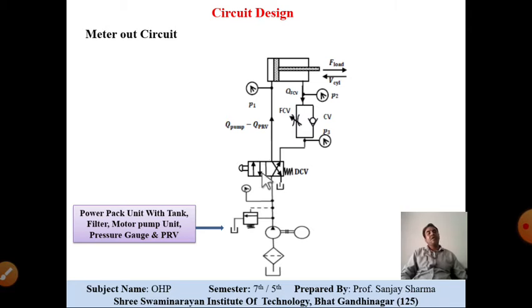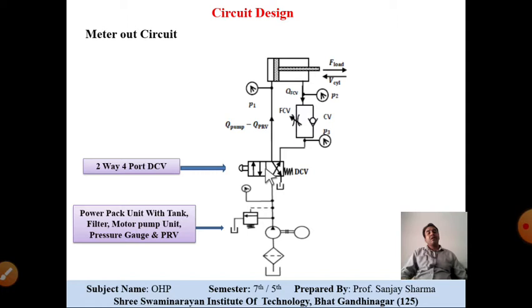First, the meter out circuit consists of a two-way 4-port direction control valve. It is similar to the meter in circuit. Here you can see only two ways, A and B, are provided.